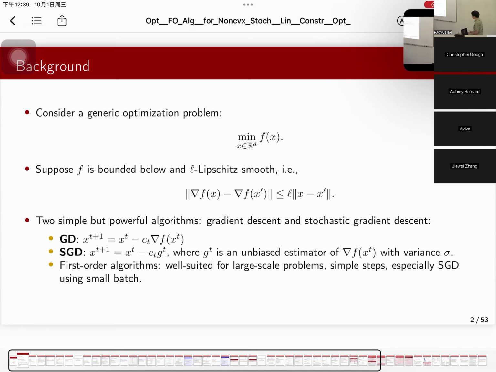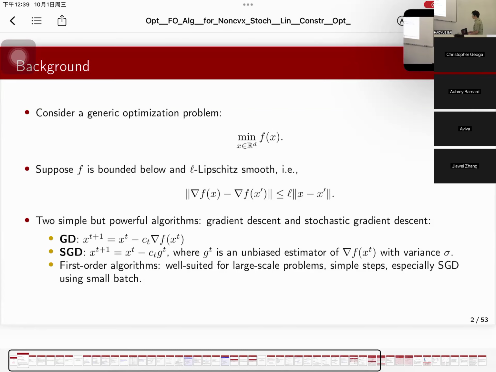For SGD, we replace this gradient by an unbiased estimator of the gradient. Though GD and SGD are very simple, they are very powerful, especially for large-scale optimization problems. Most practical algorithms for very large-scale optimization problems are based on GD and SGD.